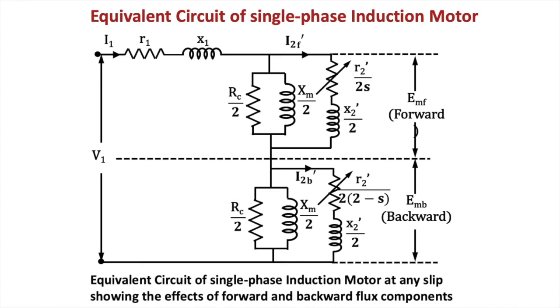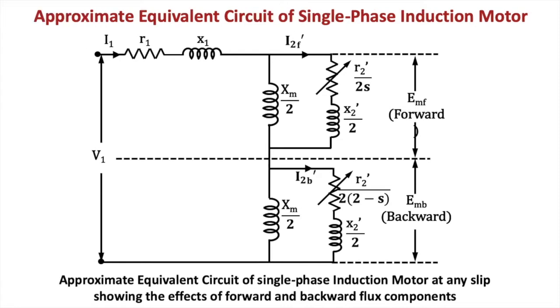Similarly for the backward side rotor reactance, it is X2 dash by 2 because it is not a slip dependent term. There will be changes only in the slip dependent term. So the rotor resistance referred to the stator side is R2 dash by 2 into 2 minus S.